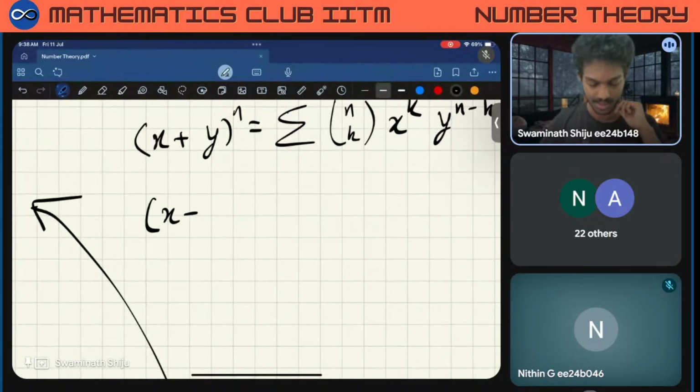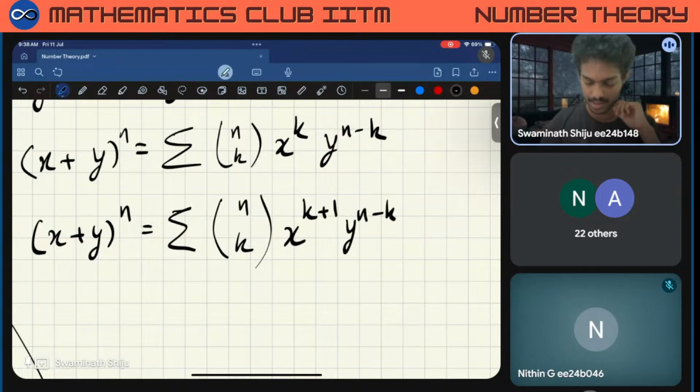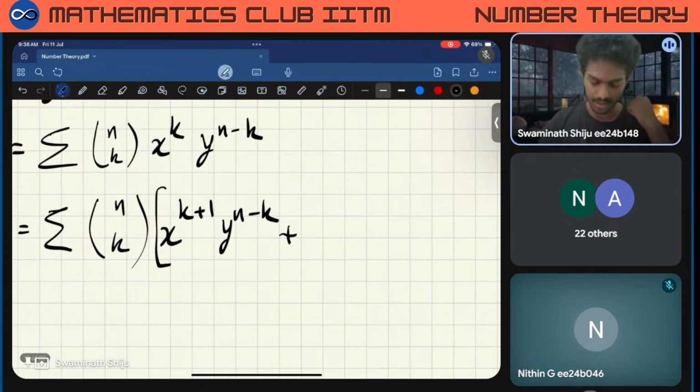So (x plus y) to the power n plus 1 is equal to the sum of nCk x to the power k plus 1 y to the power n minus k, plus the sum of nCk x to the power k y to the power n minus k plus 1.